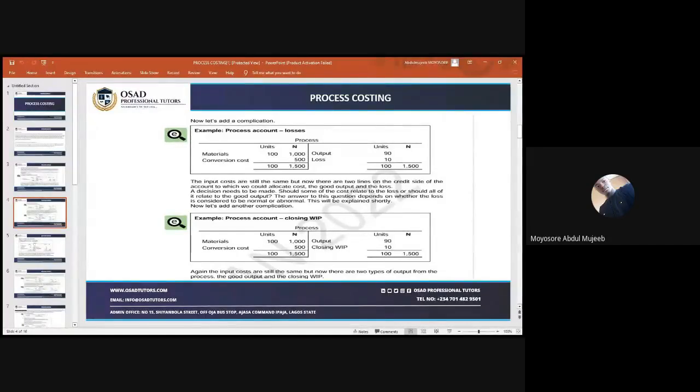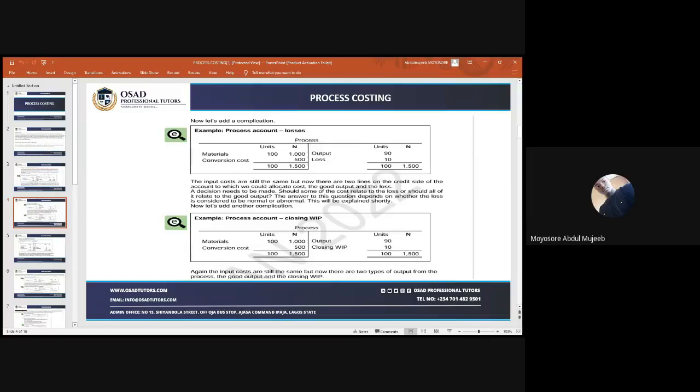Your amount incurred on production is still 1,500 naira. The initial one, when we didn't have a loss, was costing us 15 naira per unit. But now when we have a loss, we still incur that 1,500 naira, but instead of getting 100 units, we are getting 90 units. The decision is on the company now.